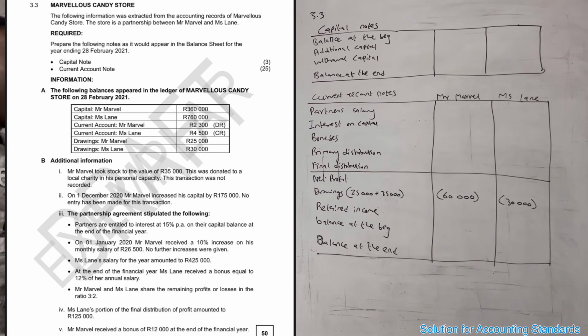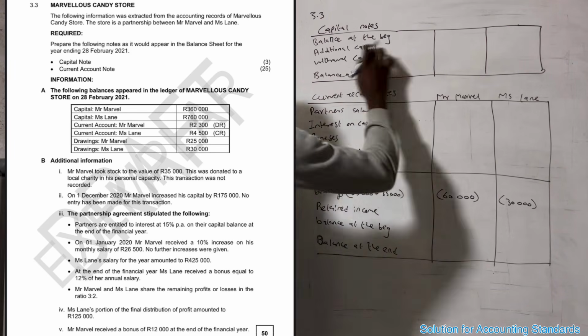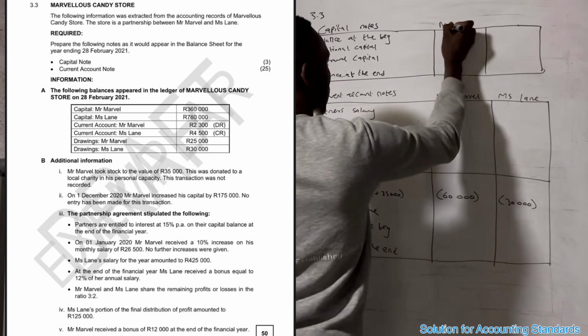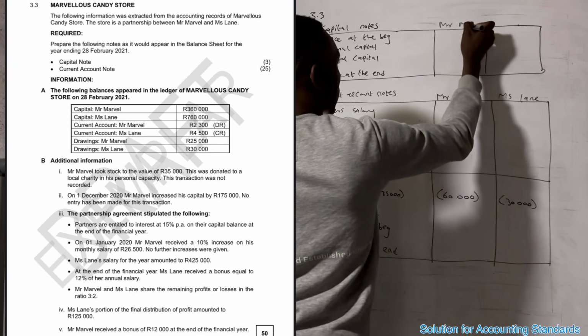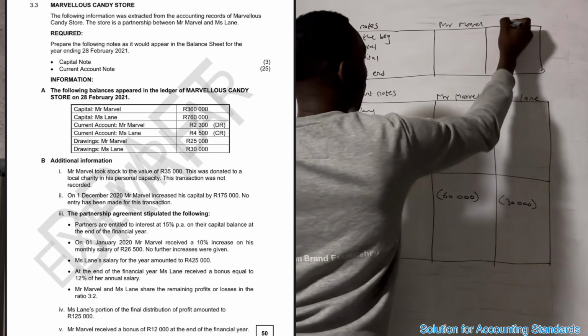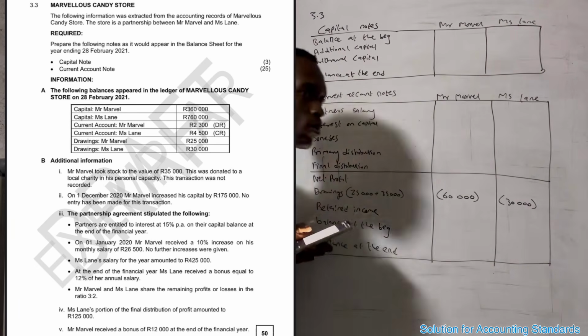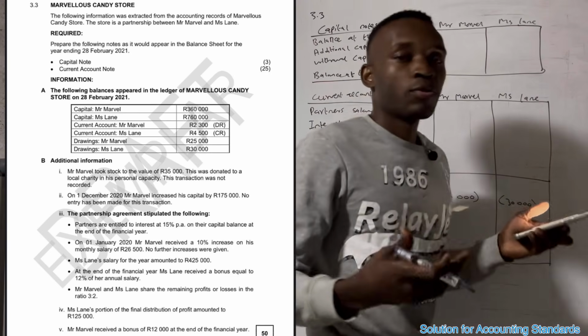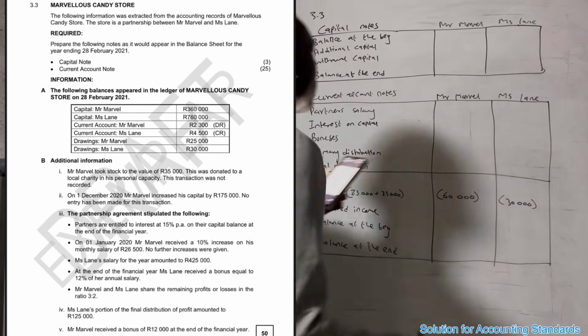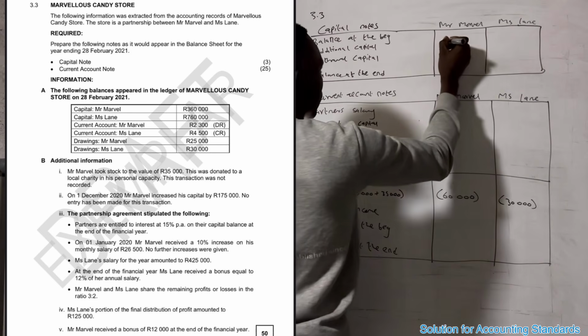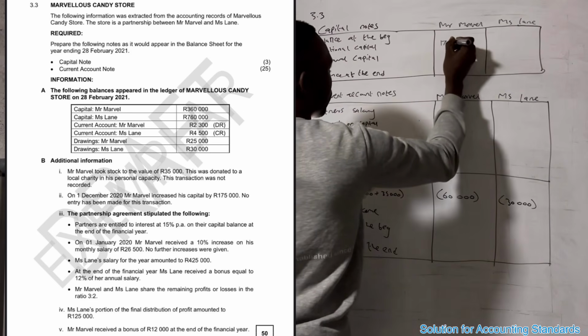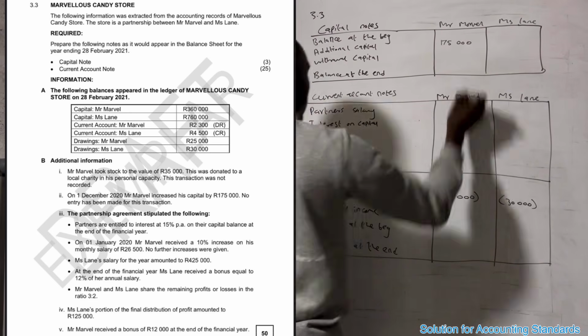On 1 December, Mr. Marvel increased his capital by 75,000. Okay, additional. Mr. Marvel made additional. Mrs. Lane, guys, don't just write them in order. You can just write them according to the transaction that you are facing. He added 175,000 during the year.